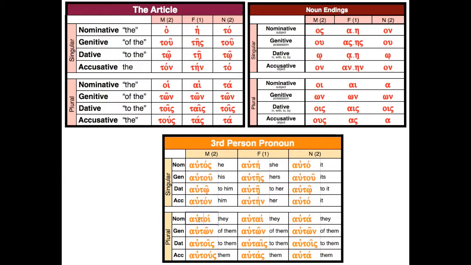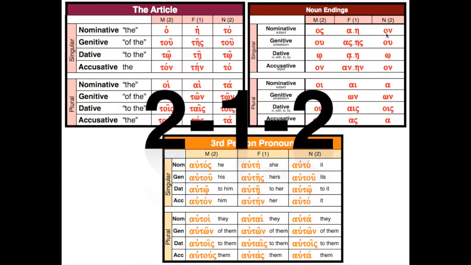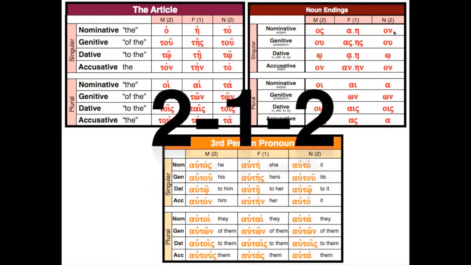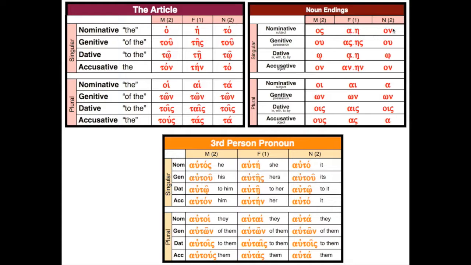So the third person pronoun is pretty easy to recognize. It follows the nice 2-1-2 pattern. So like if you know your noun endings in the 2-1-2, you pretty much know the article, right? Because you basically just have to stick a tau on front of the noun endings. Do you see that?